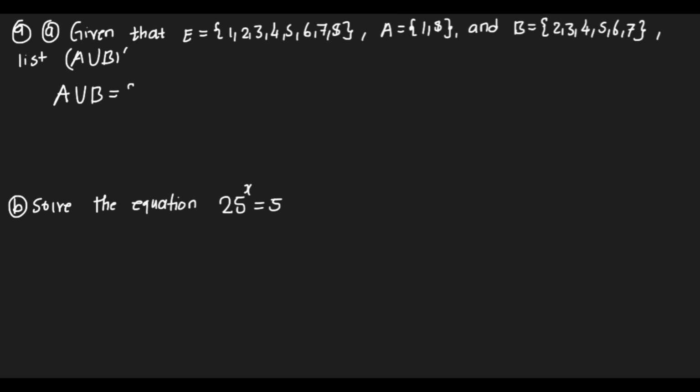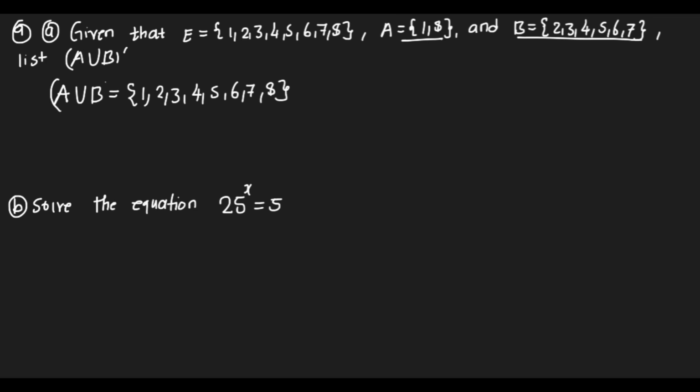So for A union B, we want to combine the elements from A and B into one set. So we can see that it's 1, 2, 3, 4, 5, 6, 7, 8. So this is the set of A union B.